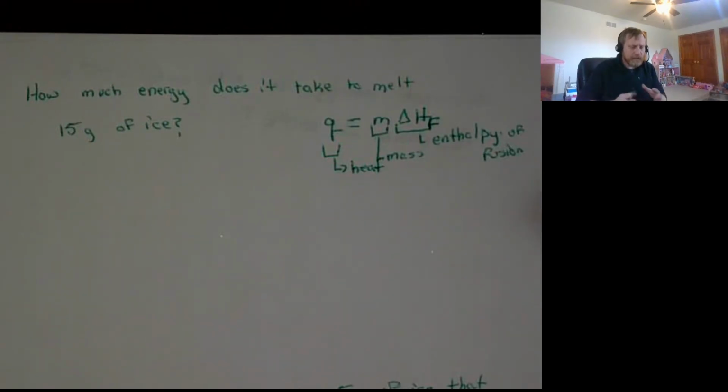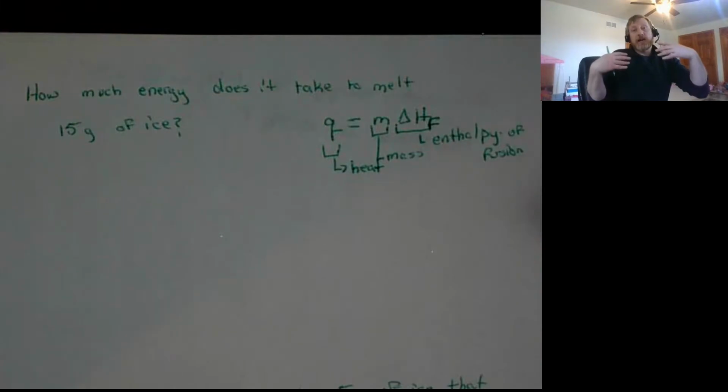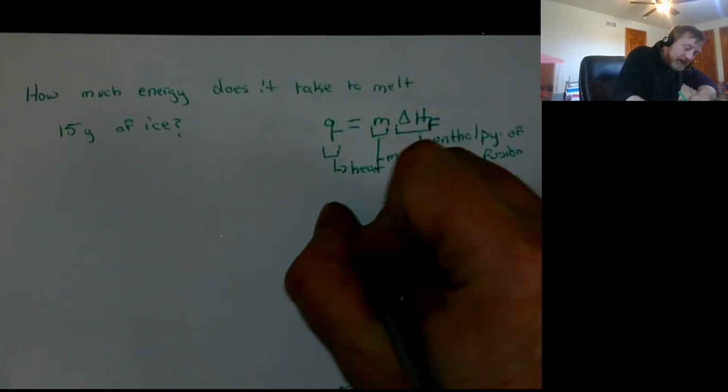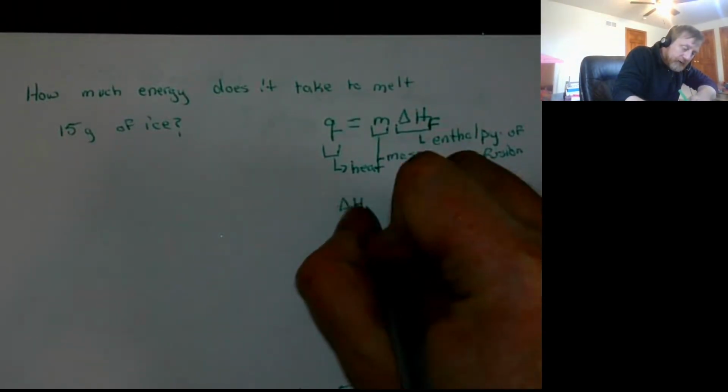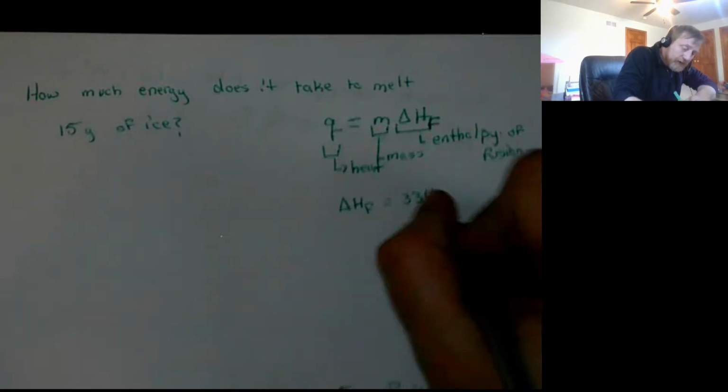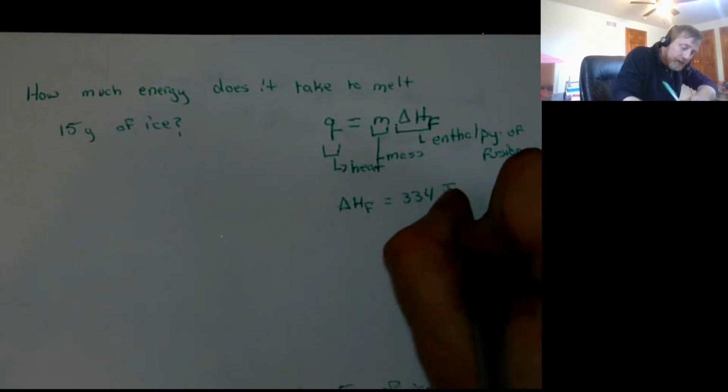And again, those differences just come from the different strengths of molecular bonds. Now, all that being said, these delta H's will either be the part of the problem you're asked to solve for, or they would have to be provided for you. And so in this case, delta H of fusion for water is 334 joules per gram.